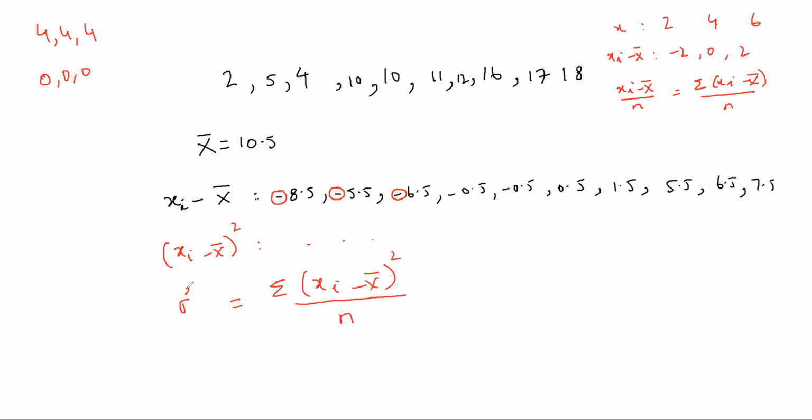If you take its square root, at the end you will take the square root just to minimize the impact of that square that you have taken to get rid of these minus signs. So this is the formula to find the standard deviation of a given raw data, over n.